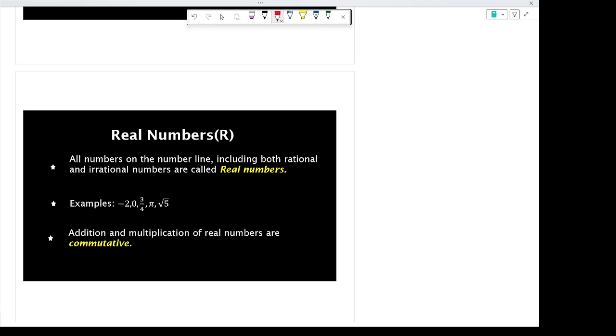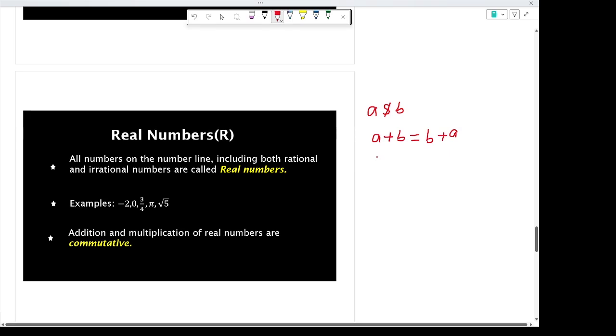For example, if we have two real numbers, A and B, both integers, the addition of A and B is the same as B plus A. So if, for example, our A is 3 and our B is 7, then 3 plus 7 is equal to 7 plus 3. So here we have 10 equals 10.